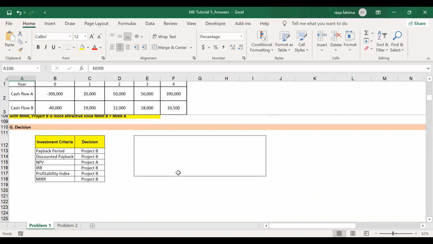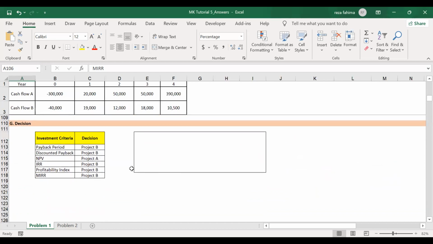Okay, the next question, the last question, is to decide which investment is the best for you to invest in. In summary, for the payback period, choose project B. The discounted payback period, choose project B as well. And the others also choose project B, except for the NPV.